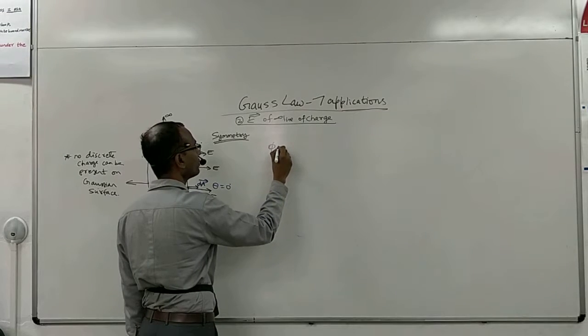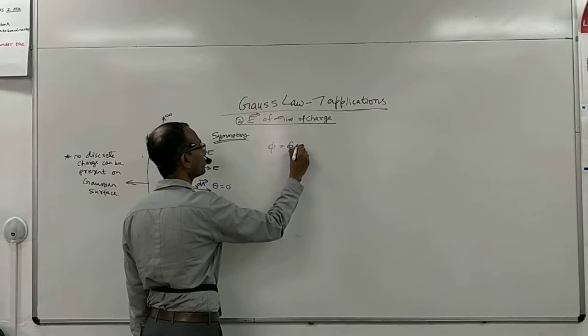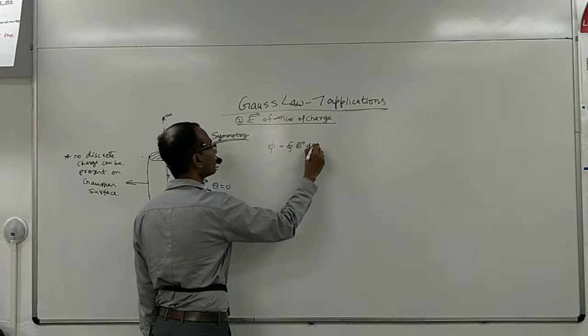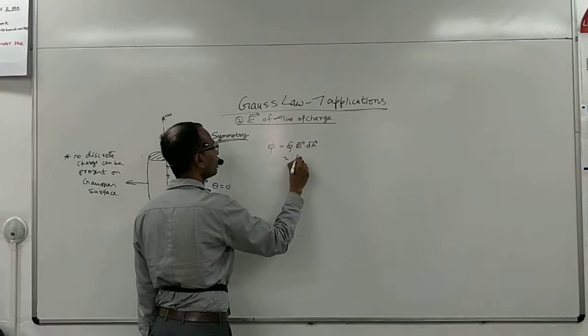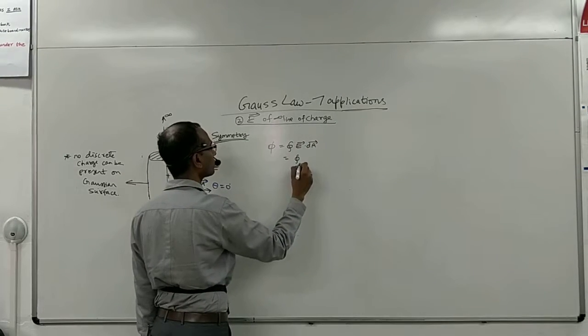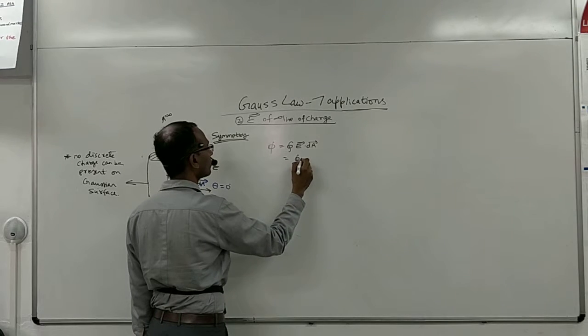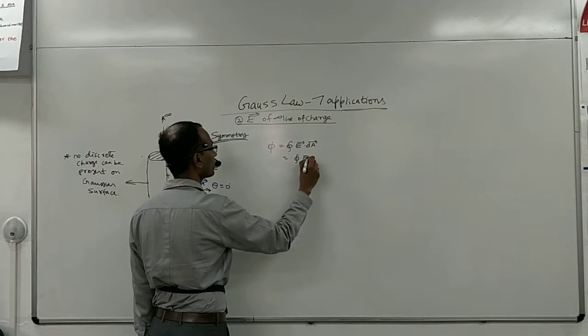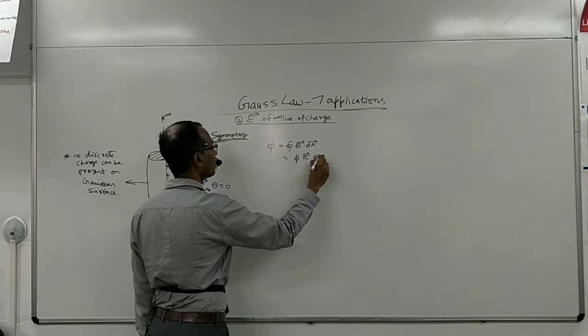Flux through the entire surface is equal to the closed integral of E dot dA, which is equal to the closed integral of E dot dA.